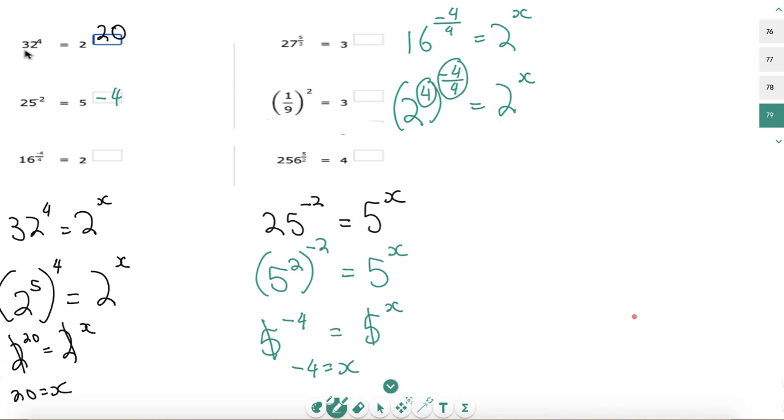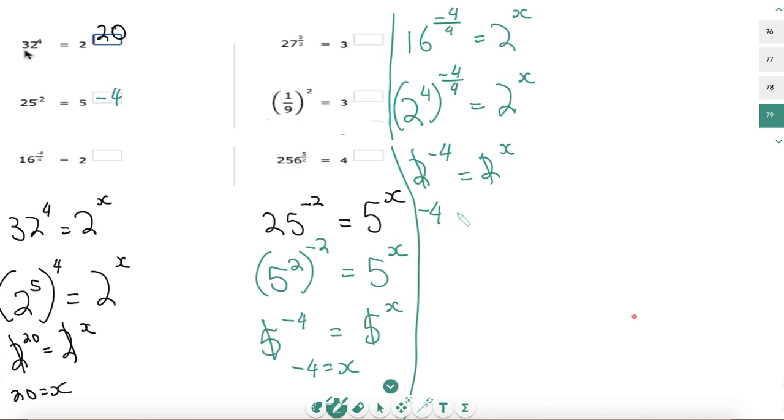Inside-outside rule, we multiply. You can just use your calculator. 4 times negative 4 over 4 will be negative 4. All right, 2 to the power of x. Bases are the same. Negative 4 equals x.